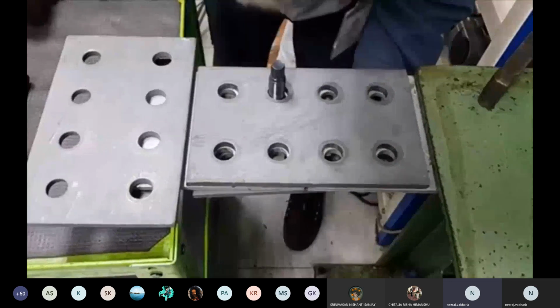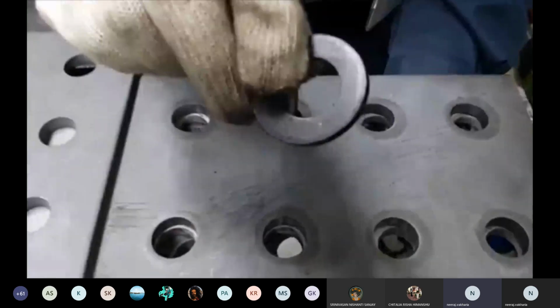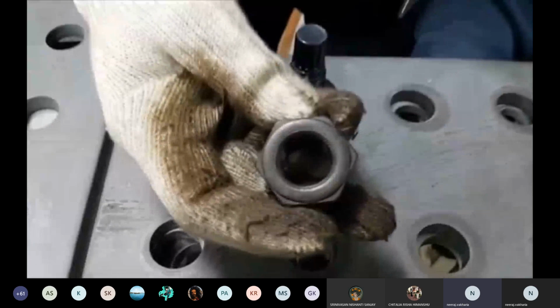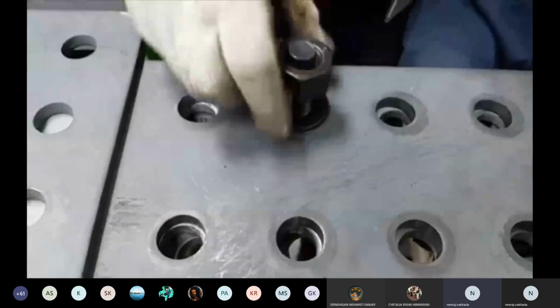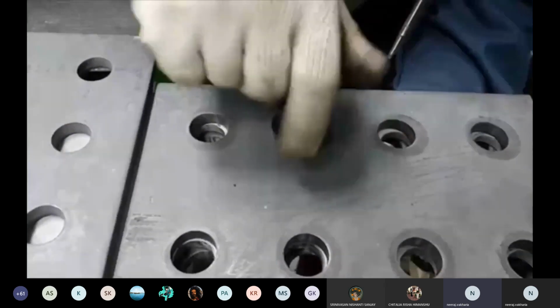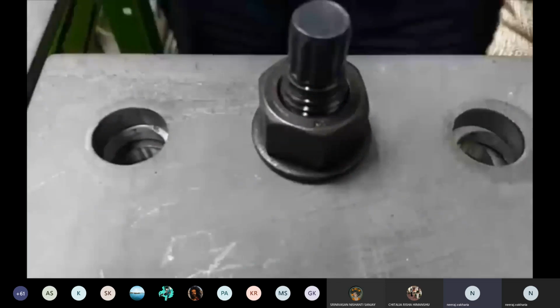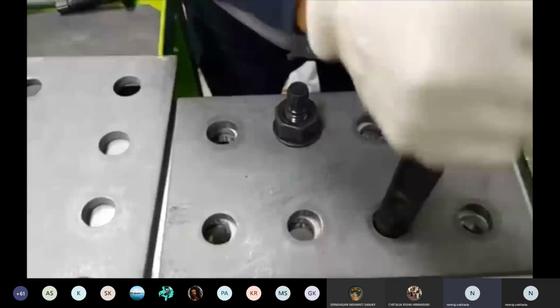Now he is fixing it. See, this is the washer which I was talking about. It is thick. It has to resist the pressure from the nut. These are again high strength friction grip bolts. This video is done just for the exam in some lab or workshop, I guess.